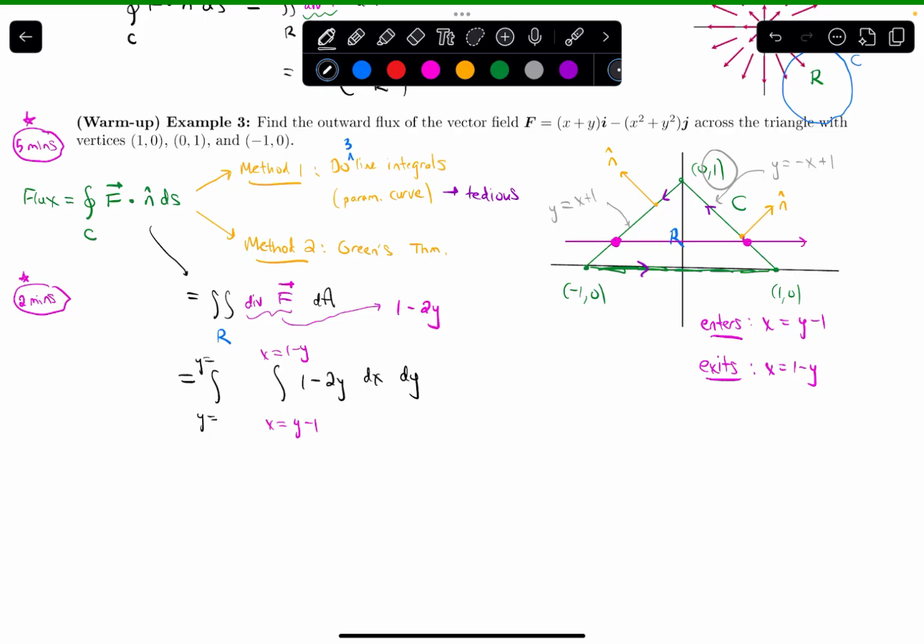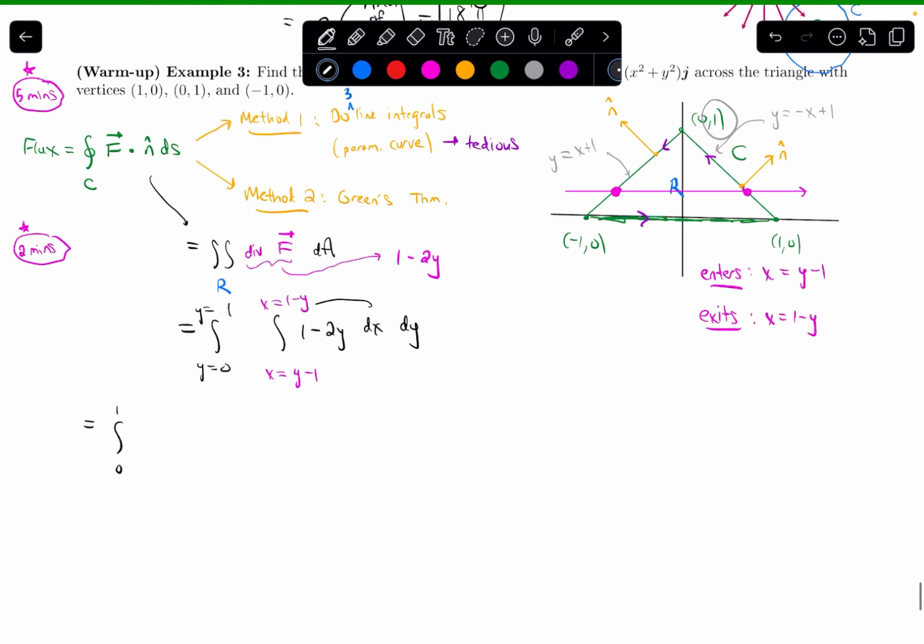Those are going to be constants based on the smallest value of y for the region, which is at the bottom, that's y equals 0, to the biggest value of y, which is at the top, that's 1. So y goes from 0 to 1. Now I'm ready to do these antiderivatives. So I get the outer integral from 0 to 1. The antiderivative of this function with respect to x is x minus 2xy. And then I plug in x equals y minus 1 and x equals 1 minus y, dy.